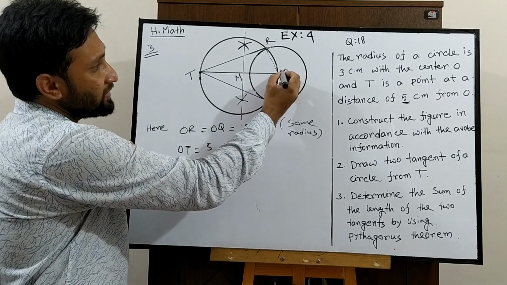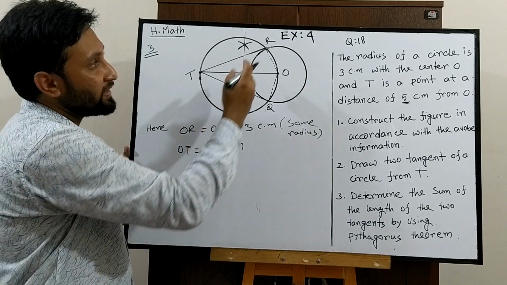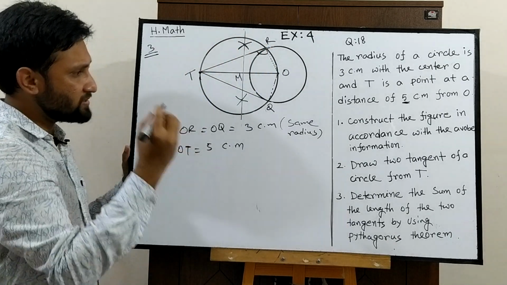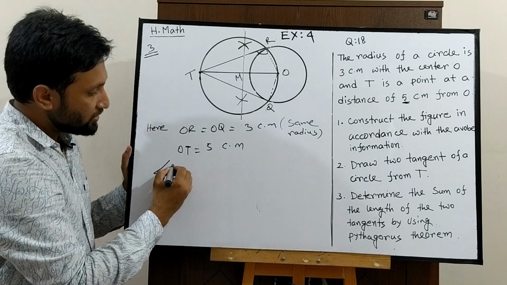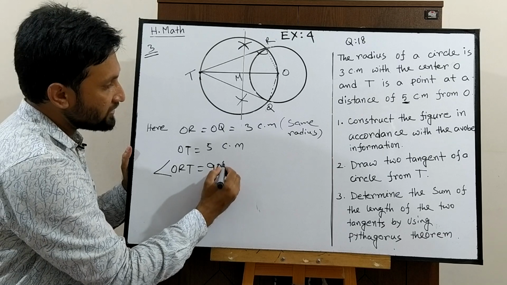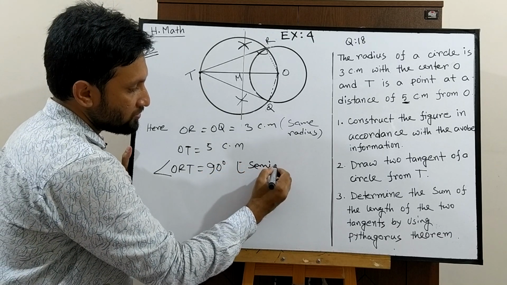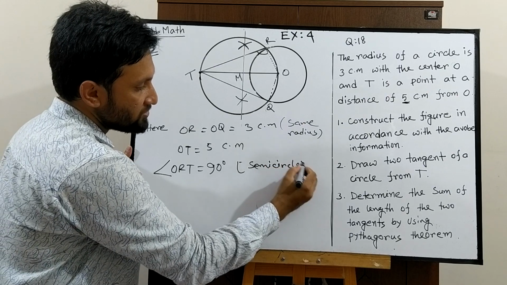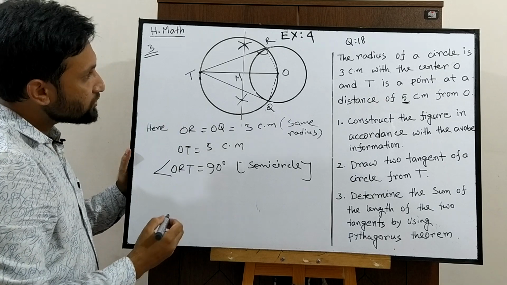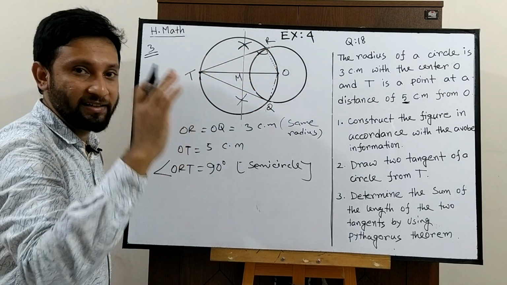But here the angle ORT is in a semicircle. We know that the angle in a semicircle is a right angle, that means 90 degrees. So ORT equals 90 degrees, and we can say that ORT is a right angle triangle.